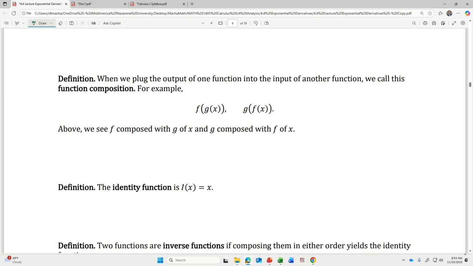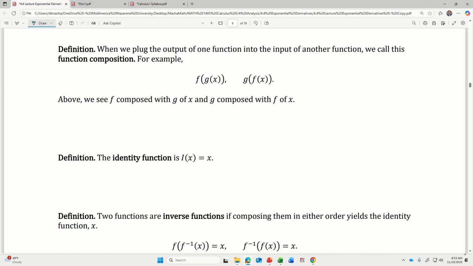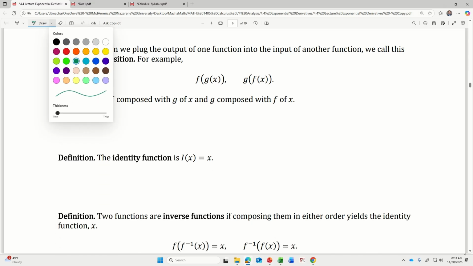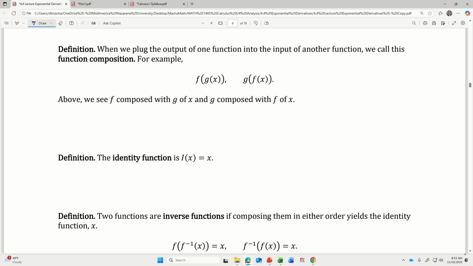Okay, when we plug the output of one function into the input of another function, we call that function composition. So like if I put the function g inside of f, I say that I have f composed with g. And if I plug in the entire function f into the argument of g, I say I have g composed with f.